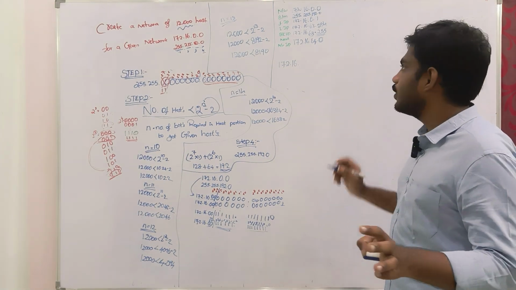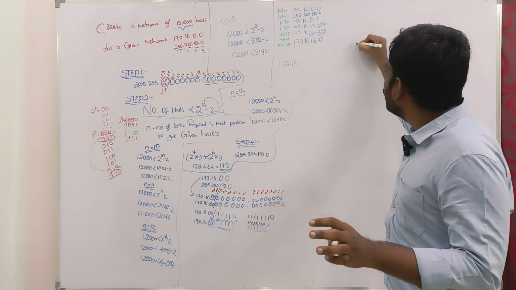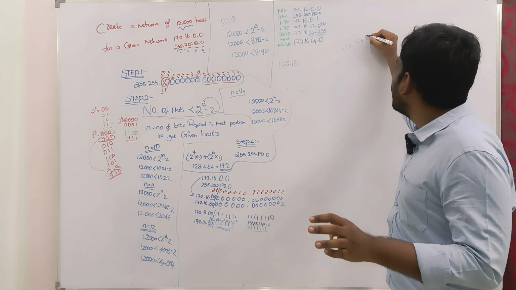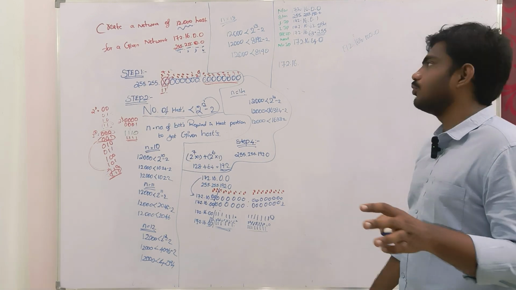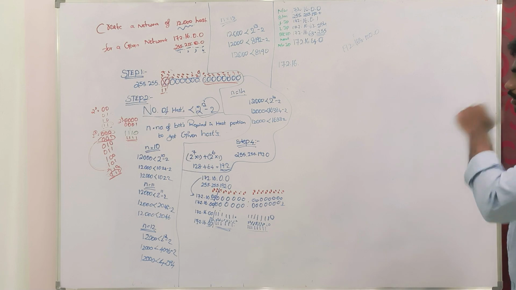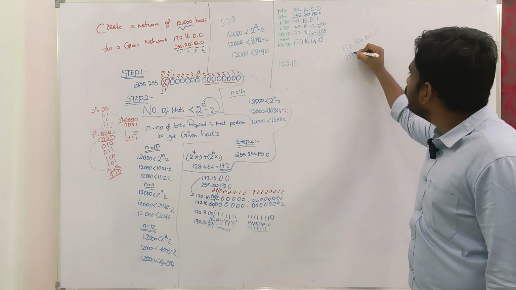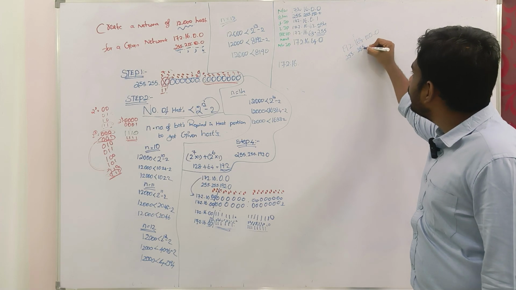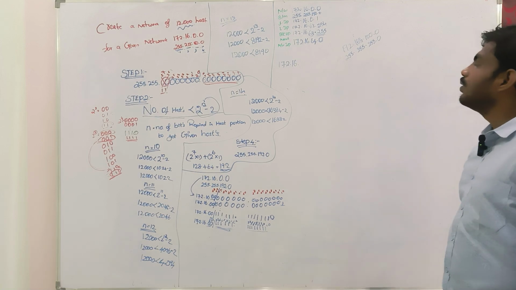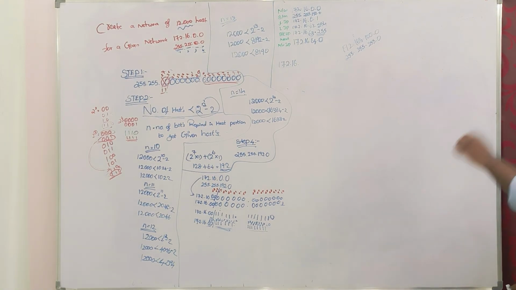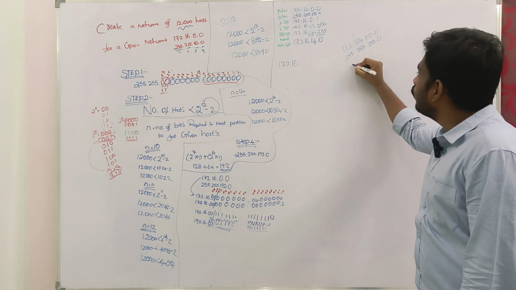Using a class C network, if you write 192.168.100.0, you have this network, and the subnet mask is 255.255.255.0. What will you do now?